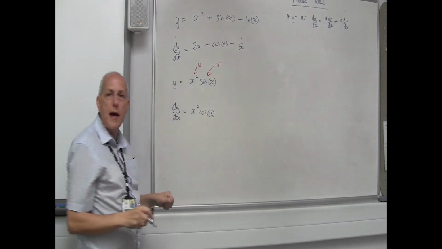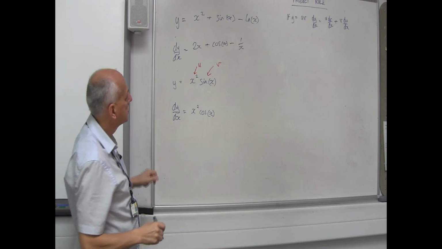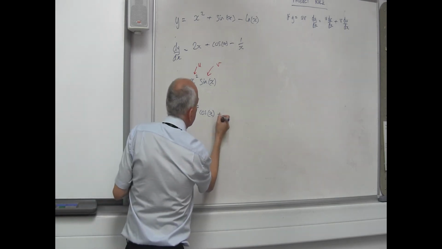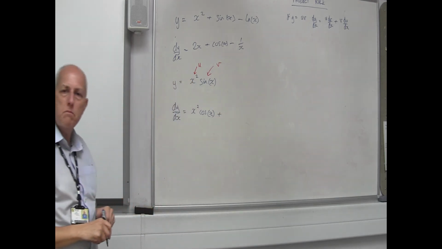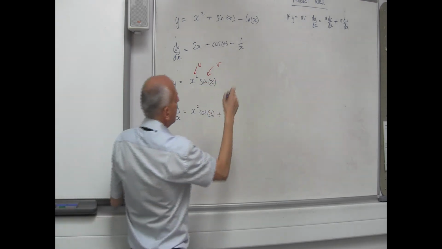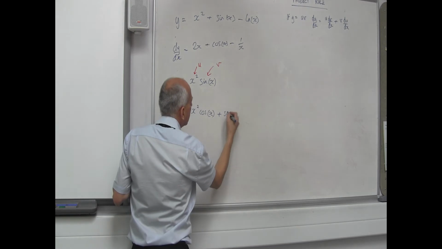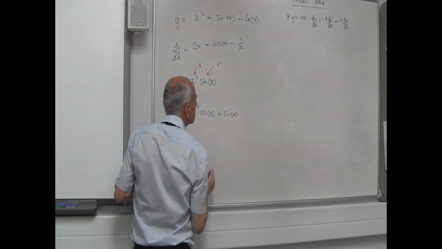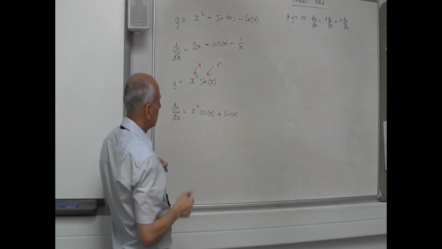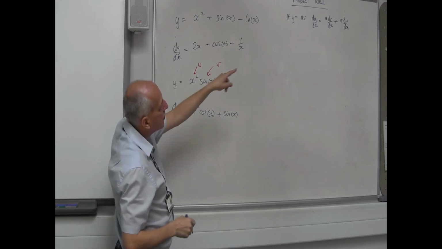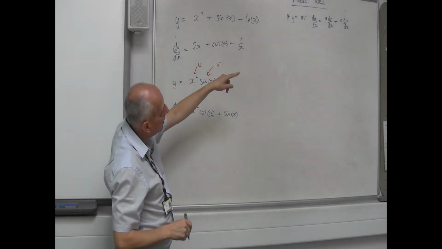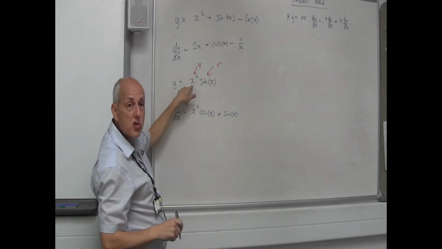Moving from left to right with our rule. Plus. Yep. v as it comes. So that's v. So it's sin x. Times du dx. So the derivative of x squared.